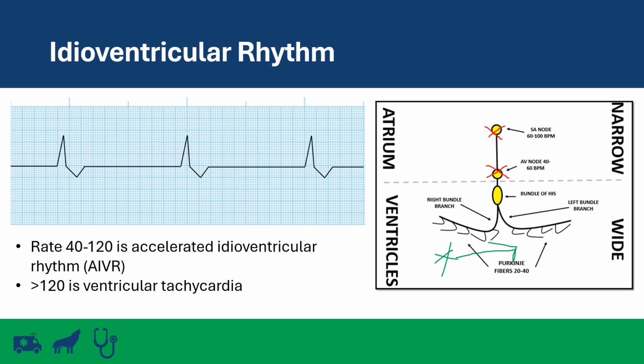So if a patient has a STEMI, they have myocytes that are infarcted or ischemic, and they get a stent and blood flow is reestablished to those myocytes. A lot of times they will become the primary pacemakers for a short time. You will have an accelerated idioventricular rhythm, and then it will quickly go back to normal. Now, if an idioventricular rhythm has a rate greater than 120, we consider this ventricular tachycardia.